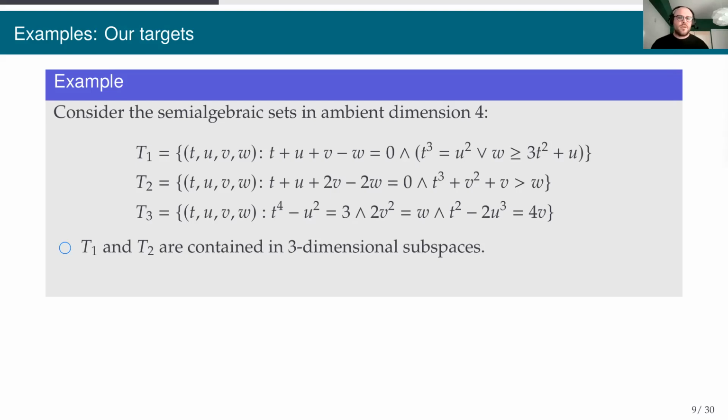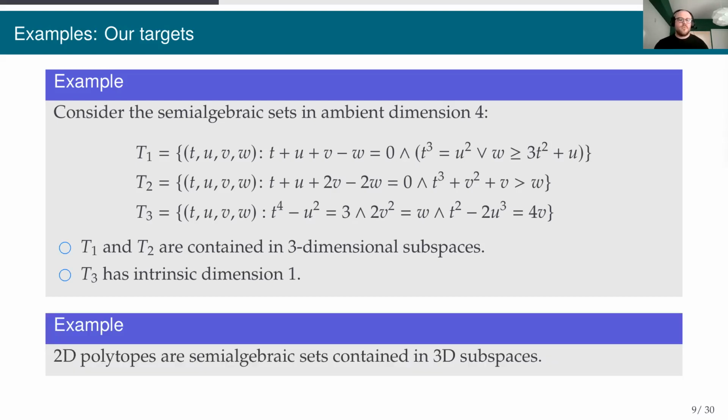It means that you're in a three-dimensional subspace. T3, on the other hand, has intrinsic dimension 1. This is not necessarily easy to see, but one way is to show that if you project to each pair of coordinates, they will satisfy a bivariate polynomial equality. Anyway, it's still a curve-like object.